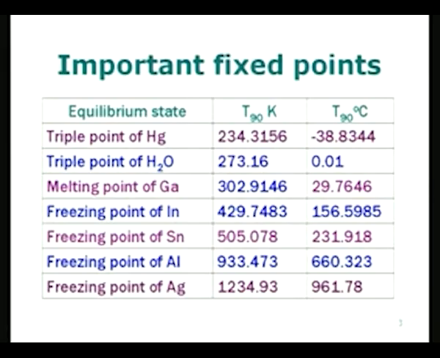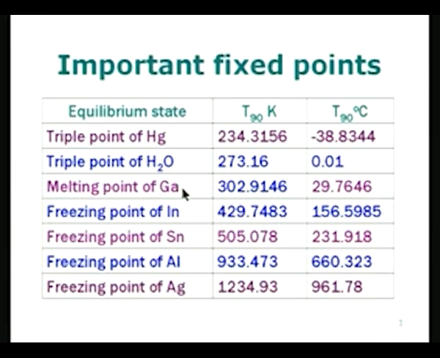So the fixed points to cover the higher temperature range are given in this slide. Triple point of mercury, triple point of water. In fact, if you recall, 273.16 Kelvin, the triple point of water, was considered as the first single fixed point for thermometry.